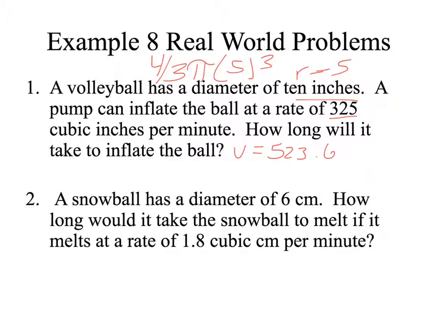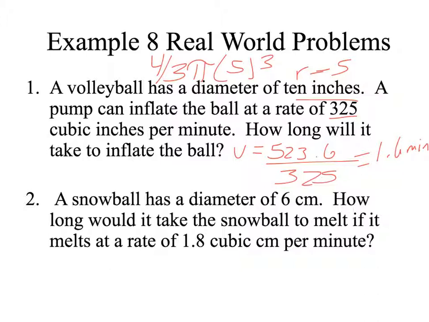We're going to divide that by the 325 because we want to know how long it's going to take to inflate. We'll find out that it'll take roughly 1.6 minutes to inflate.